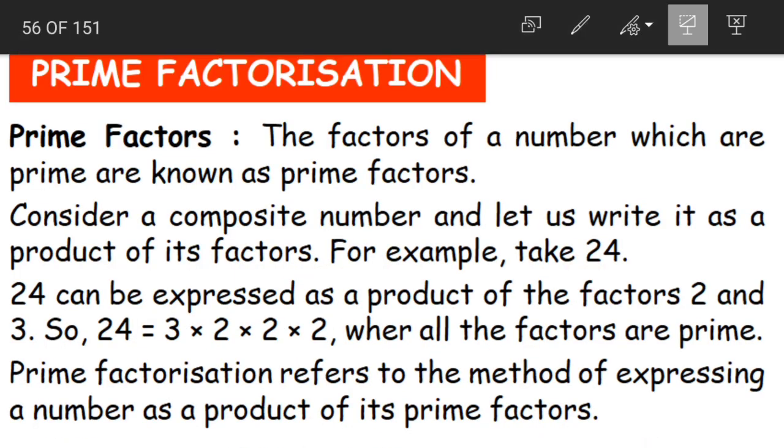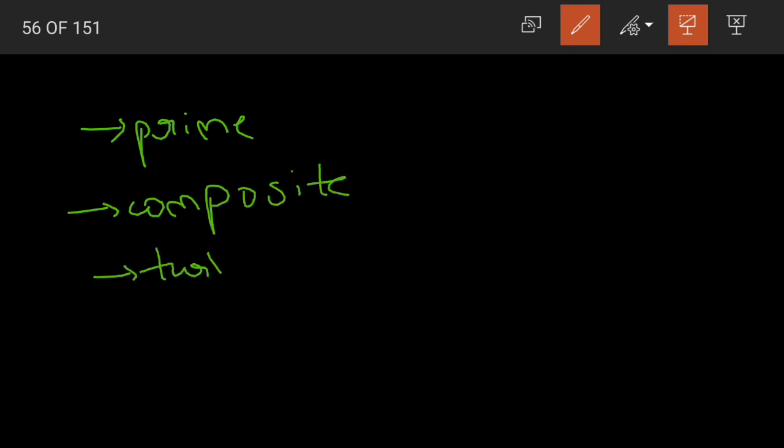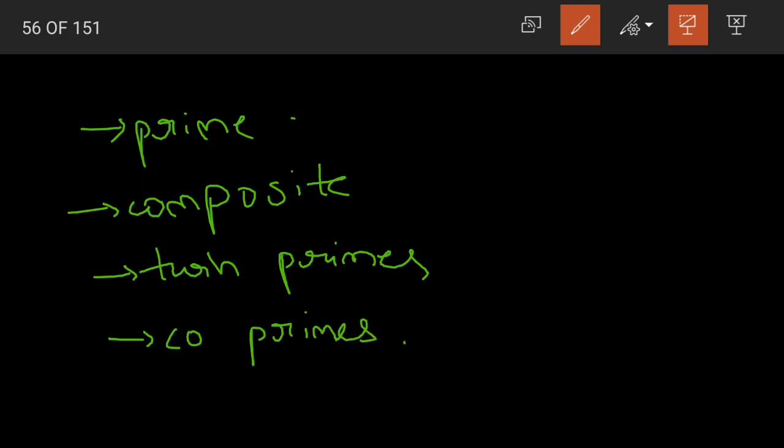What did we learn till now? We learnt about prime numbers. Then came our composite numbers. Then we had our twin primes. And then lastly we learnt about co-primes. Understood? Again, what are prime numbers?